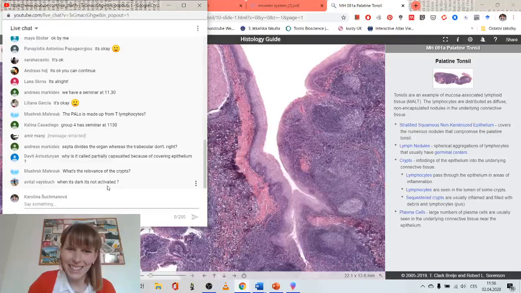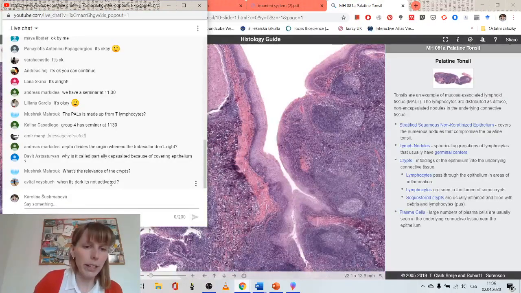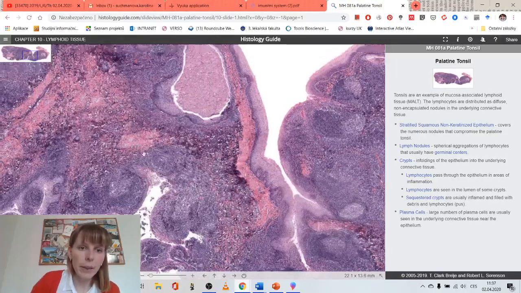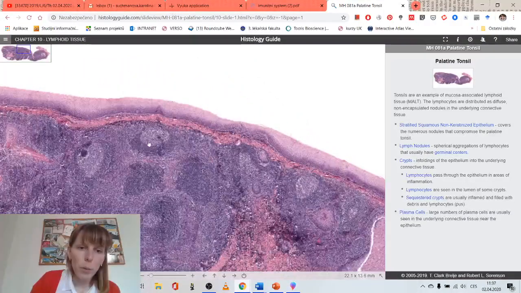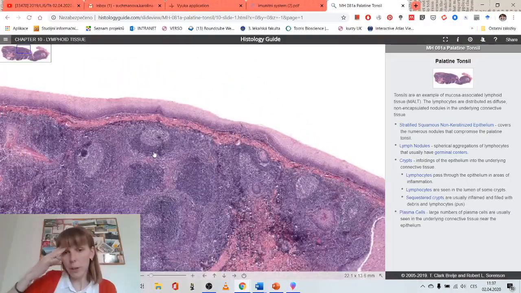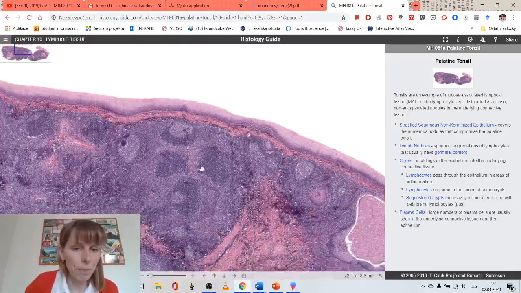I hope that's clear. And yes, so for the lymphatic follicles, when they are just dark, they are not activated. When they have the activated, germinated center in the middle, they are activated, meaning they have already been activated by some antigen, and they are now producing more B cells, which will become plasma cells and produce antibodies.